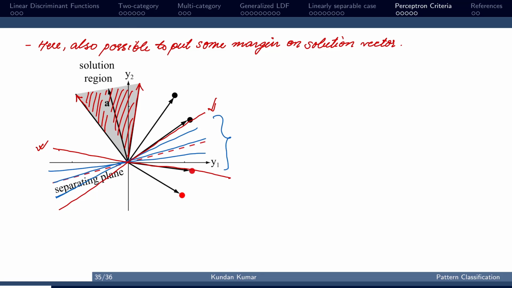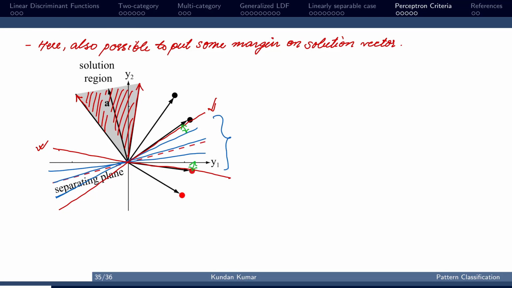but we can put the margin. So suppose we are considering this amount of margin, and this margin can be considered as the safety margin. Okay, so that after training there will be some margin of safety for the test sample, because whatever decision boundary we are trying to obtain will be good for training samples, but it is not necessary that it will be good for testing as well, because the testing samples are unknown samples, it is unseen data.